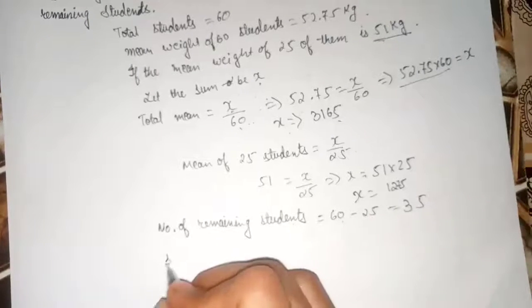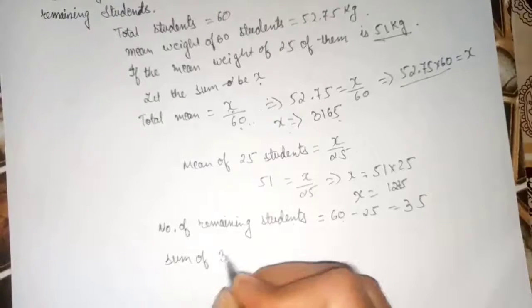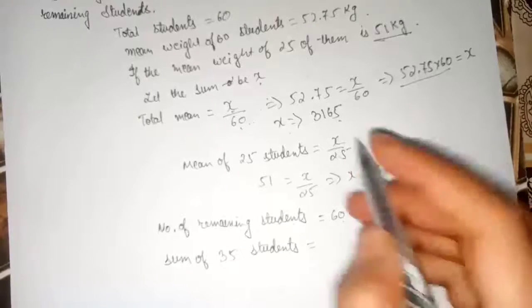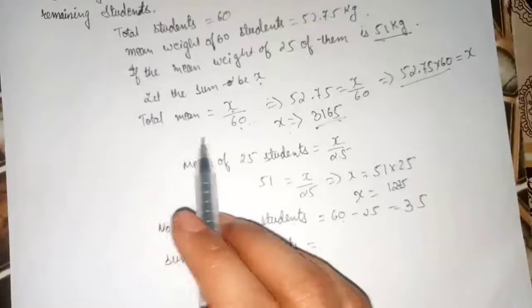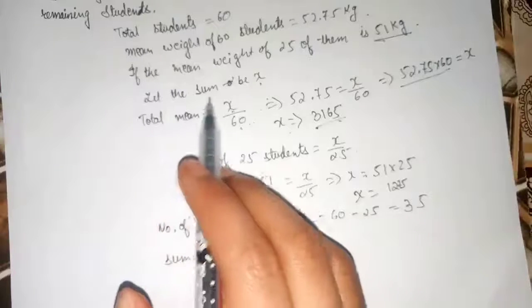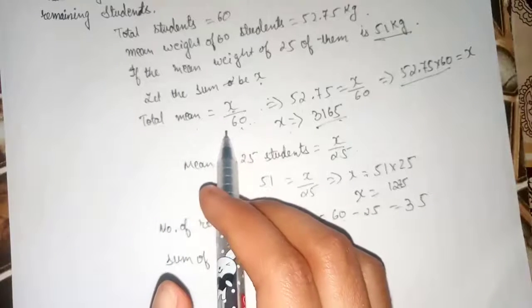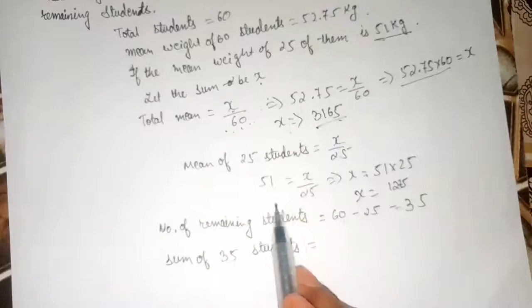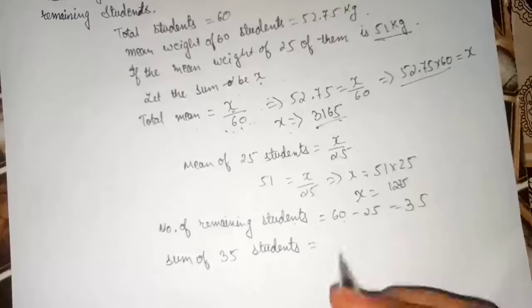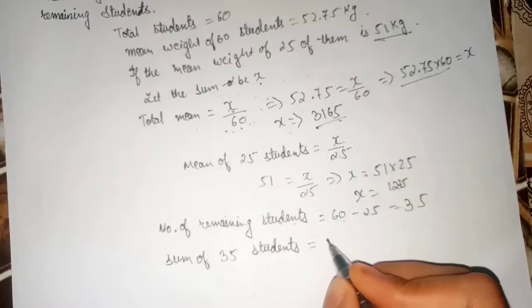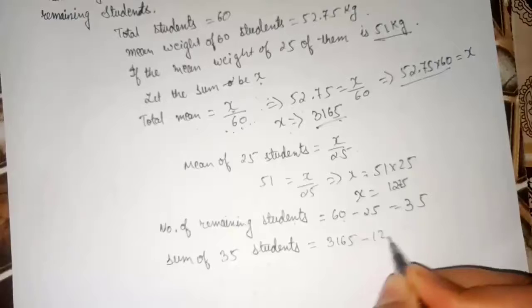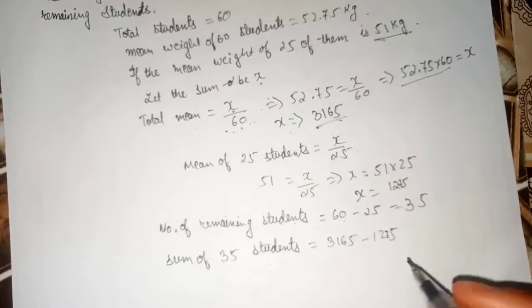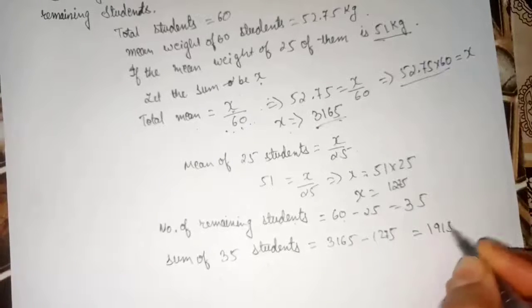So the sum of 35 students will be 3165, which was the sum of the total 60 students, minus 1275, the sum of 25 students. So the sum of 35 students will be 3165 minus 1275.